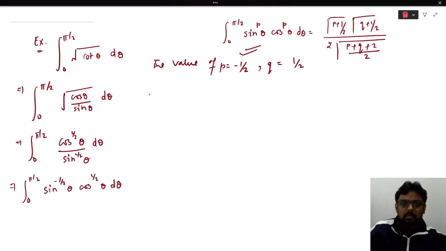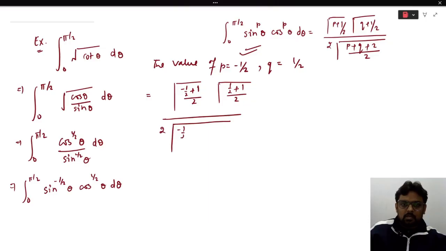So from the right hand side we can write gamma of (p + 1)/2, that is (−1/2 + 1)/2, gamma of (1/2 + 1)/2, and this is 2 times gamma of (−1/2 + 1/2 + 2)/2. Okay, now solve this.